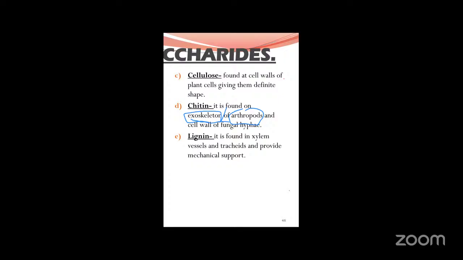So if you want to see a polysaccharide known as chitin, take an arthropod, an organism whose body is segmented, mostly insects. When you touch the external part of that organism, you will see an exoskeleton which is made of chitin. So chitin is found in exoskeletons of arthropods.